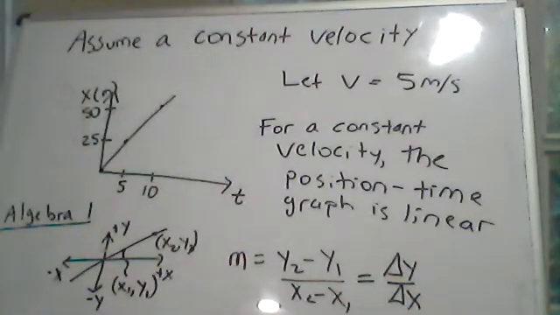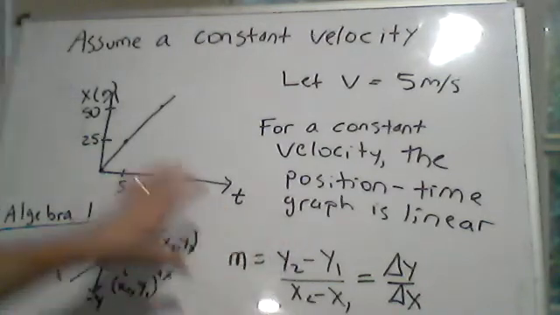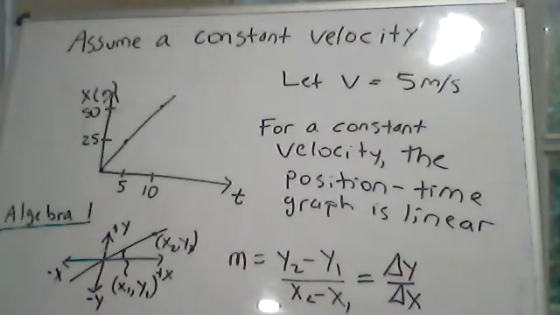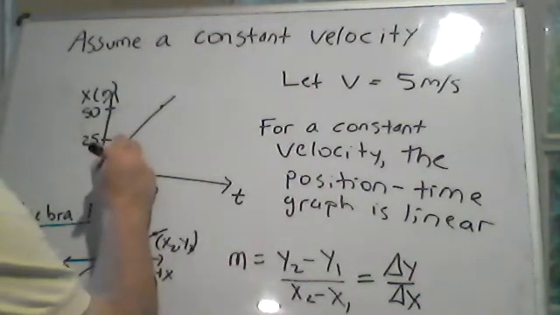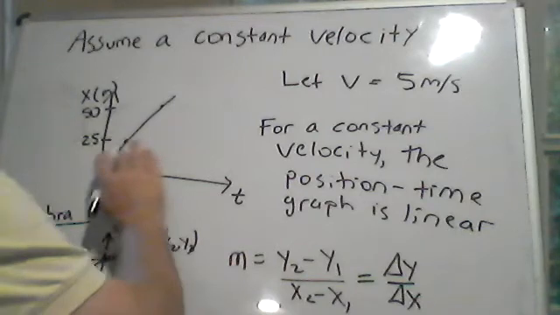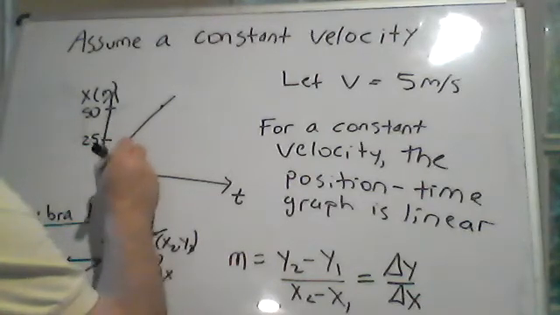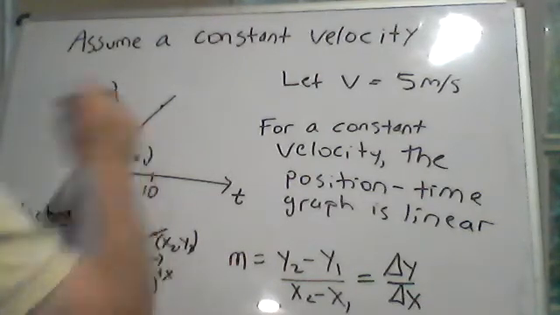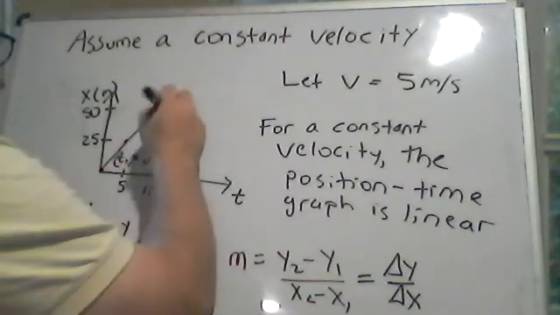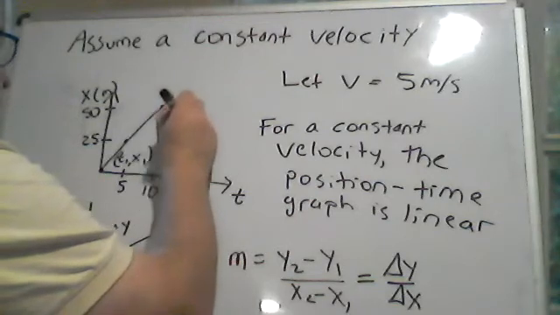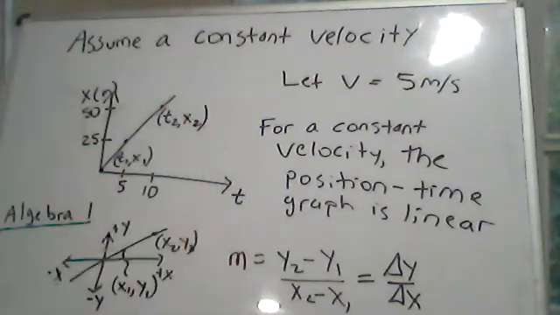Let's take this information and go back to physics. In physics, I have a first point, t1, x1, and a second point, t2, x2, and I have a line, a y equals mx type of relationship. How do I find my slope? The same way.